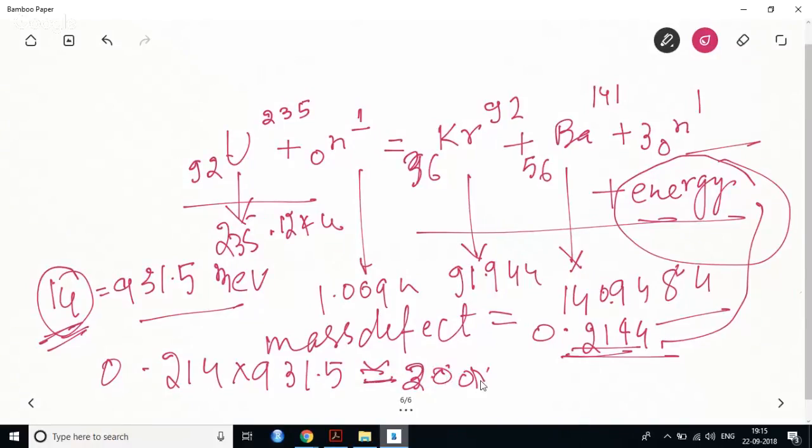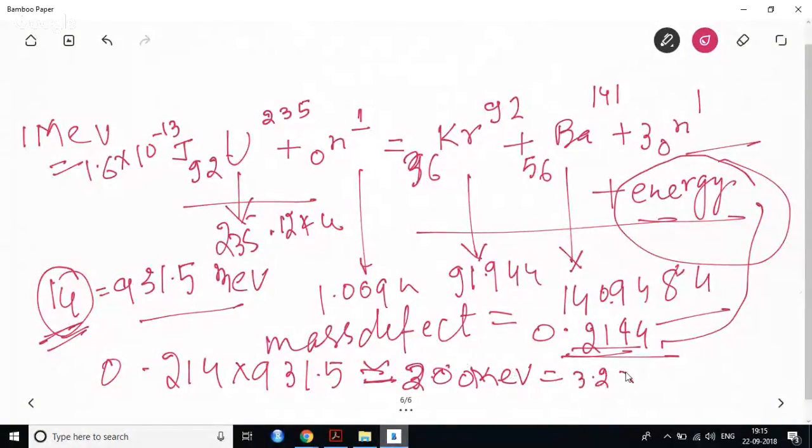Now guys, try to understand 1 mega electron volt. You might understand joule better than mega electron volt. It's 1.6 into 10 to the power minus 13 joule. So if I convert it into joule, this would be nothing but 3.2 into 10 to the power minus 11 joule. So due to one uranium atom, this amount of energy is produced.